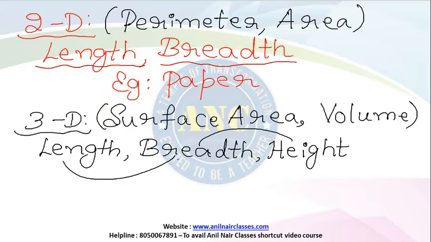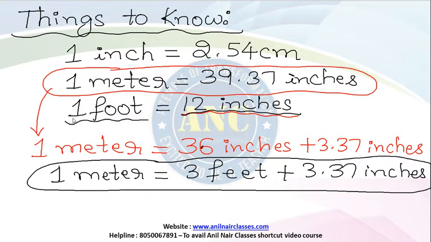That means the two parameters that we mainly concentrate on in three-dimensional geometrical figures are to find the surface area and the volume. Like the way we concentrated on perimeter and area in two-dimensional figures, in three-dimensional figures we will concentrate on surface area and volume.